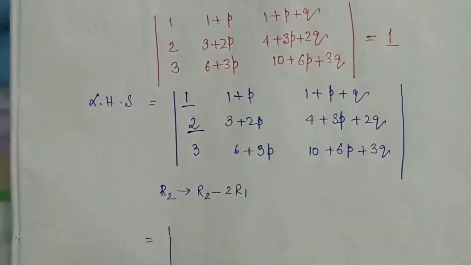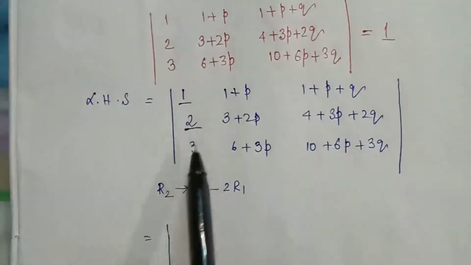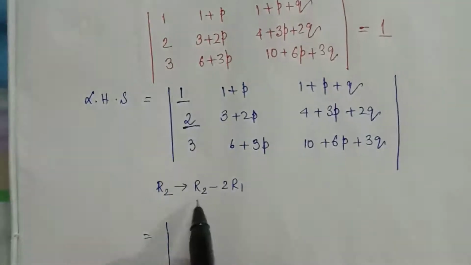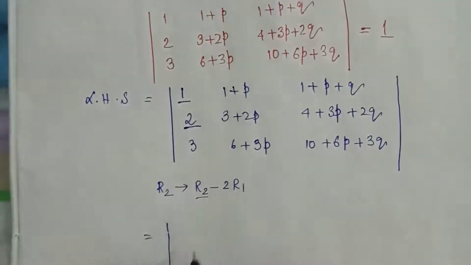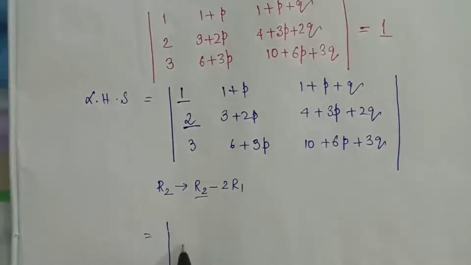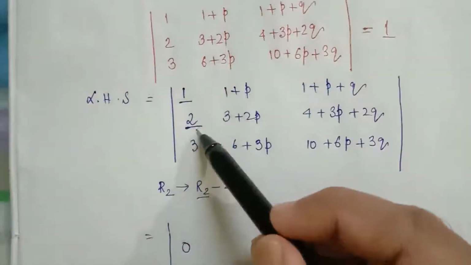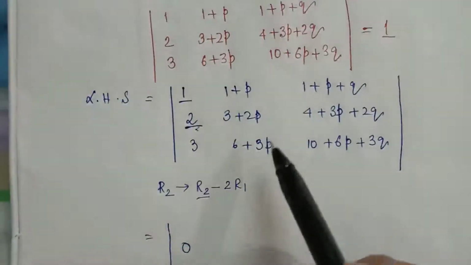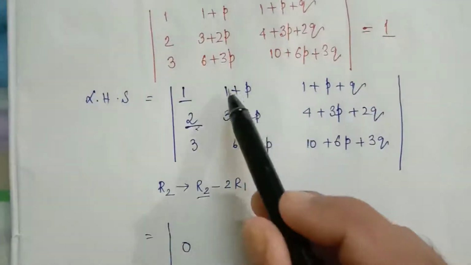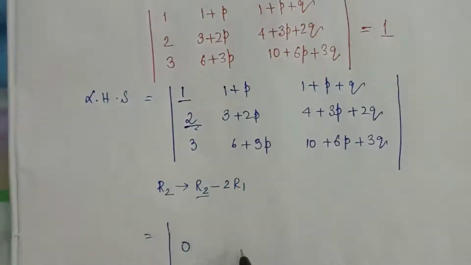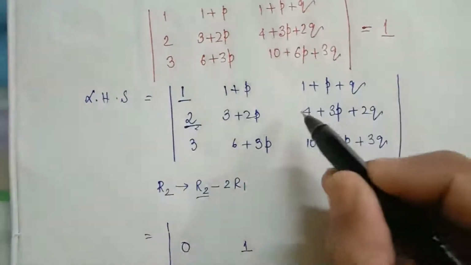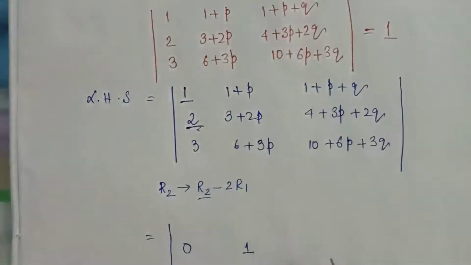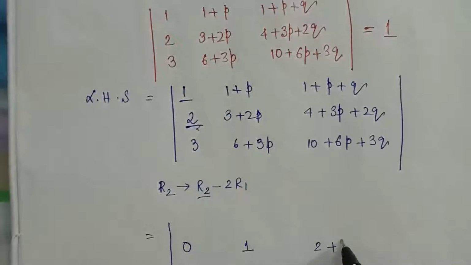You can see we are replacing R2, so you have to write our result in R2. R2 minus 2 into R1, 2 minus 2 into 1 will give us 0. Next, this minus 2 into this will give us 1, and this minus 2 into this will give us 2 plus p.